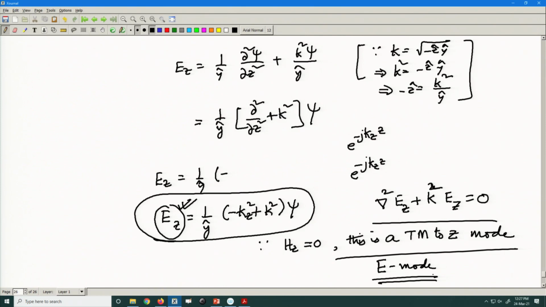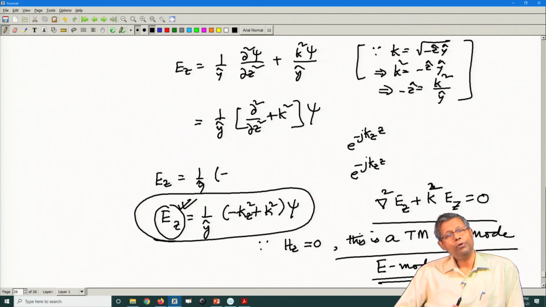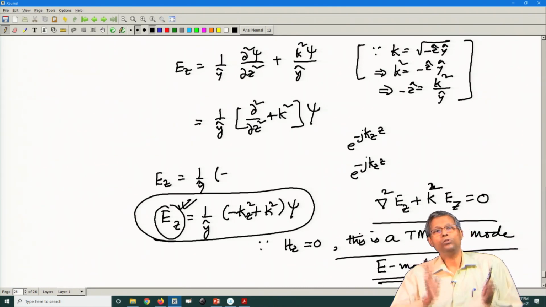Other than this, when we apply this to a guided structure, we first try to find out whether, for the given boundary condition of the problem in a source free case, the fields given by the T m to Z or the T e to Z satisfy the boundary conditions. We will see that in the rectangular waveguide, for instance, the T m to Z modes and the T e to Z modes form valid mode sets. What do we understand by valid mode sets? That they satisfy the boundary conditions of the rectangular waveguide.